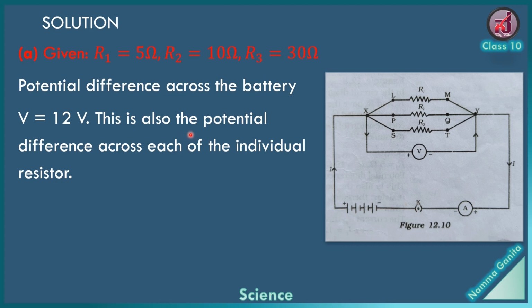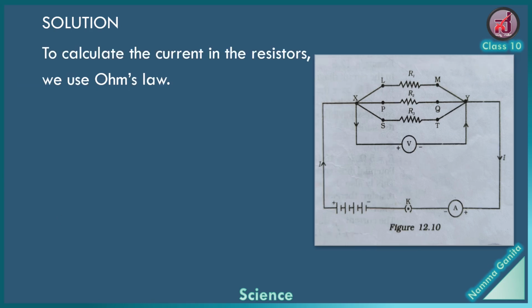Therefore, V is equal to V1, voltage across R1, which is equal to V2, voltage across R2, which is equal to V3, voltage across R3. In a parallel circuit, V is equal to V1 is equal to V2 is equal to V3, that is equal to 12 volt.